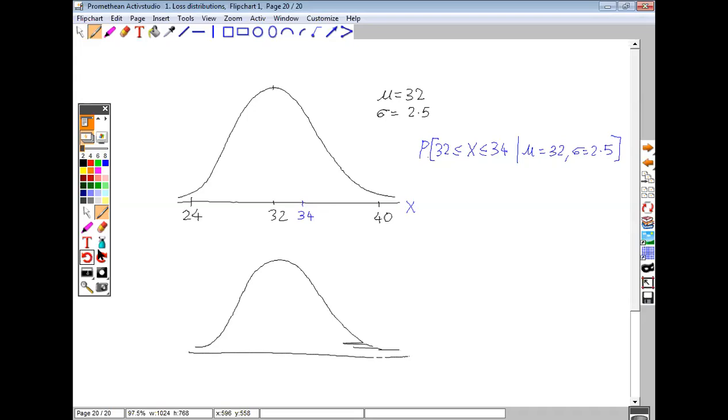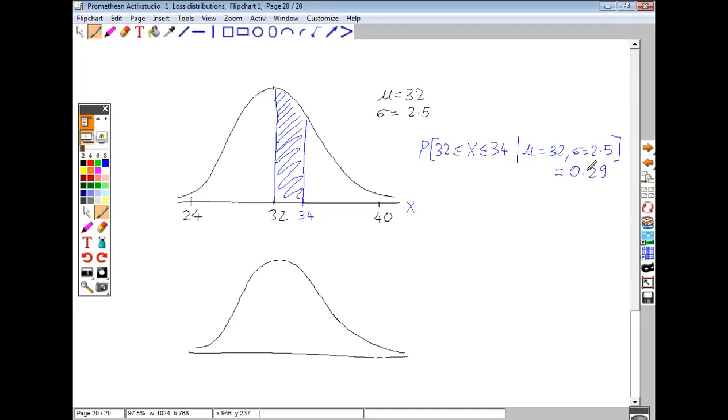The area between 32 and 34. The area between 32 and 34 and under the curve, right? Yes. So I just take this up there, take this up there, and I know that my probability is all the area which underlies here. Just to give you a perspective, the answer to this comes out to be 0.29.